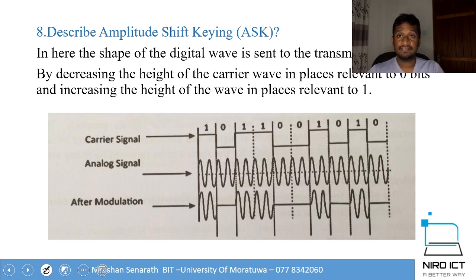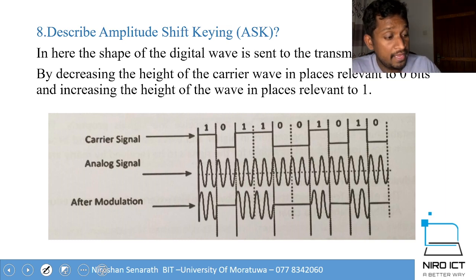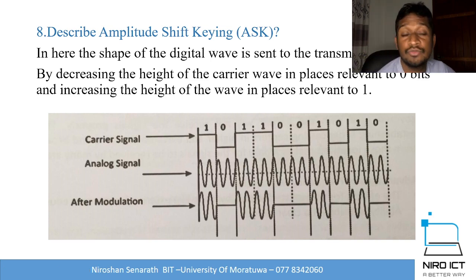According to the digital signal, we have to create the modulated signal with the help of the analog signal. In here, the shape of the digital wave is sent to the transmission media, by decreasing the height of the carrier wave in places relevant to 0 and increasing the height of the wave in places relevant to 1.